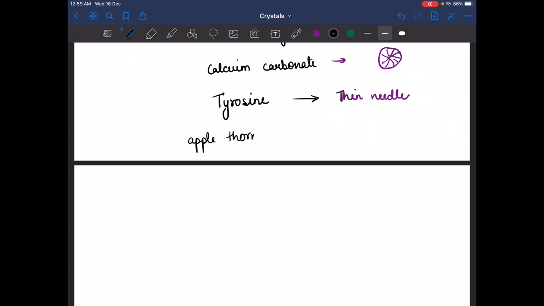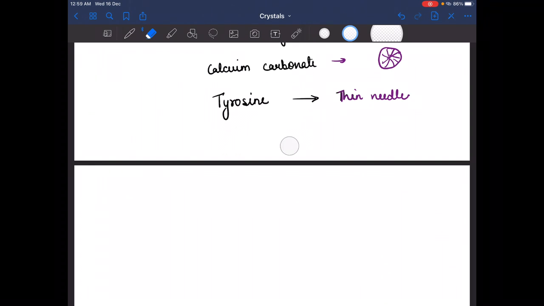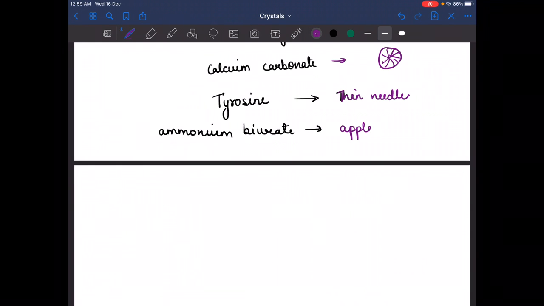Apple thorn crystals, which are found in ammonium biurate. Oh, sorry, I have to write. So in ammonium biurate, we see apple thorn crystals.